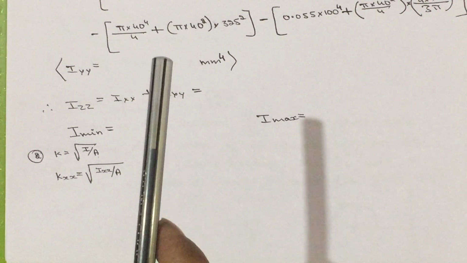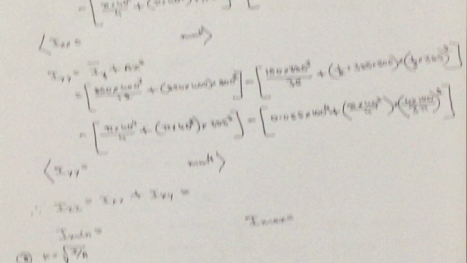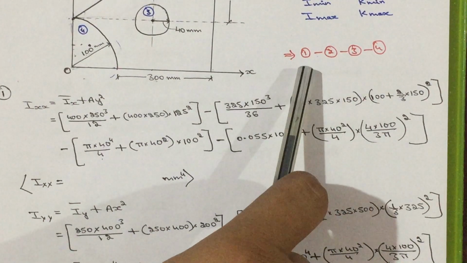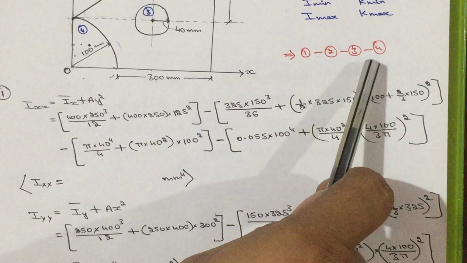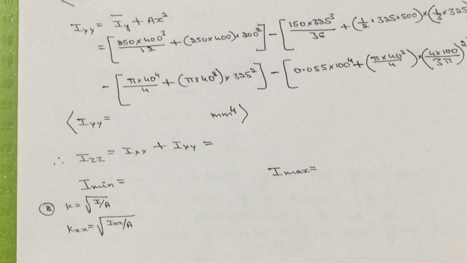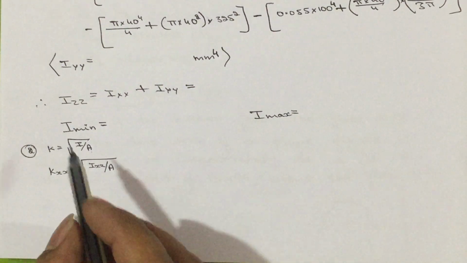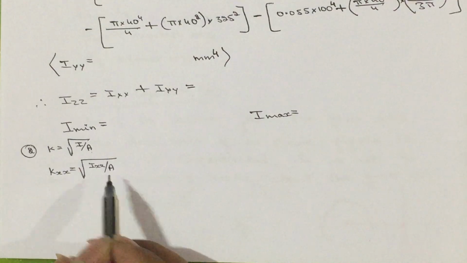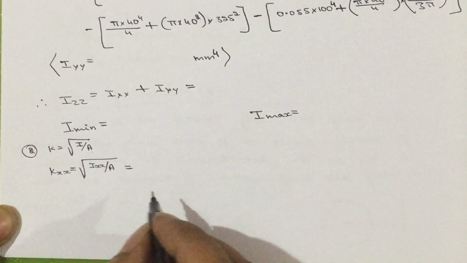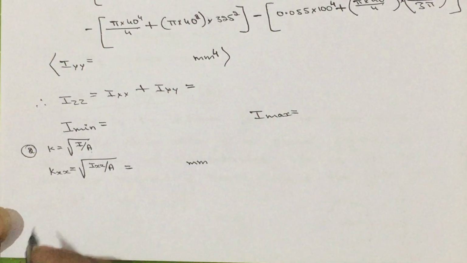In the present problem, the area is given by the equation: first area minus second area minus third area minus fourth area, you get the total area. Once you calculate the area, Kxx is the square root of Ixx by A. We know Ixx, substitute and get the value. The unit will be millimeter.